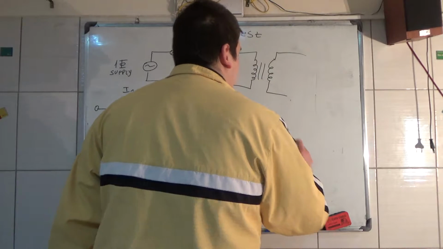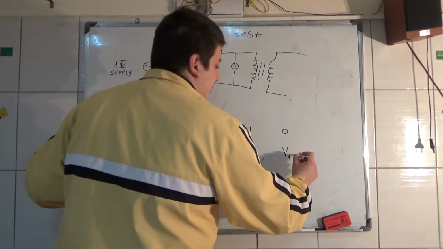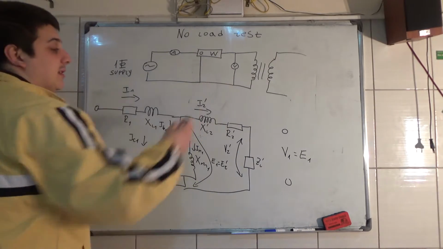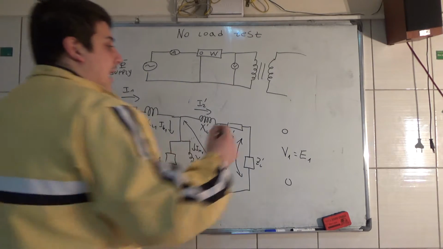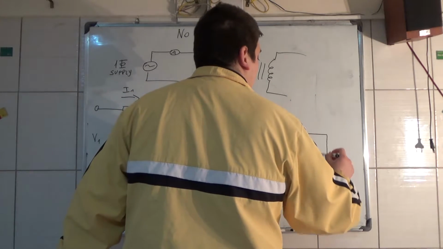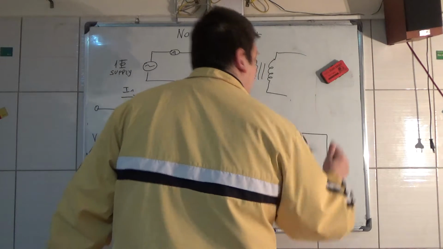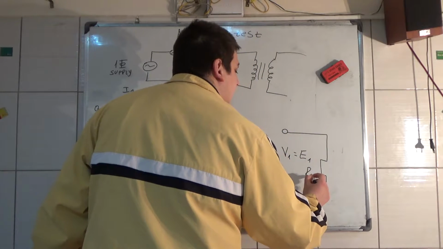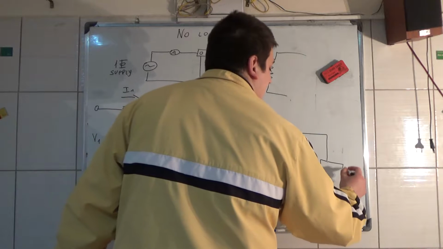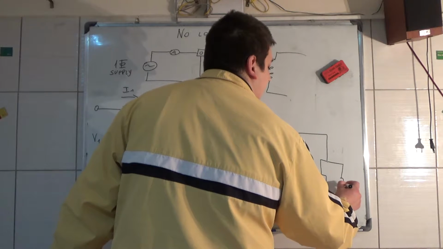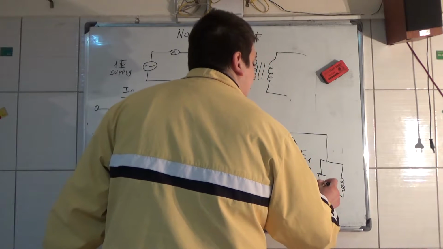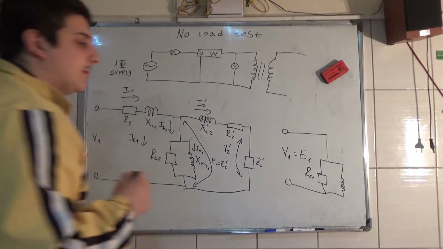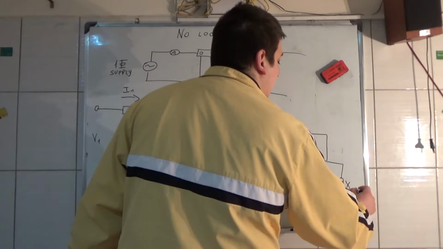We have the supplied voltage, and that is going to be the induced voltage on the primary side of the transformer, and we have the resistance RC1, and we have the reactance of magnetizing the core, XM1.